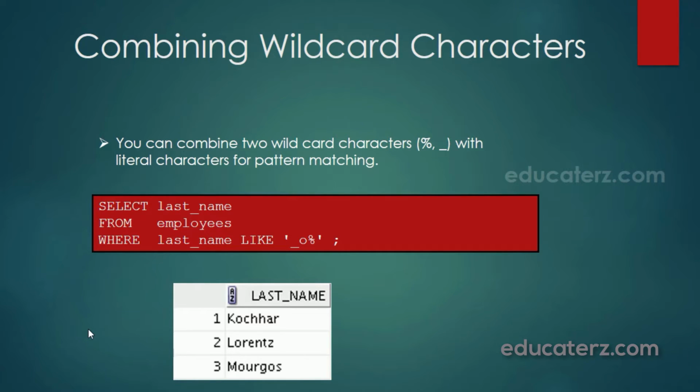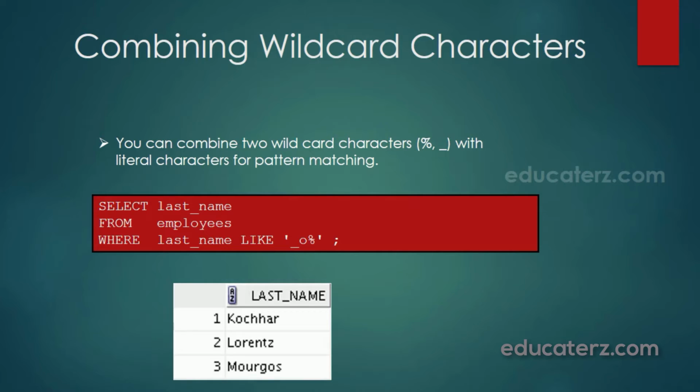Combining wildcard characters. You can combine two wildcard characters, such as the percentage symbol and underscore, with the literal characters for pattern matching. If you want to search for a string, then you can use both percentage as well as underscore.